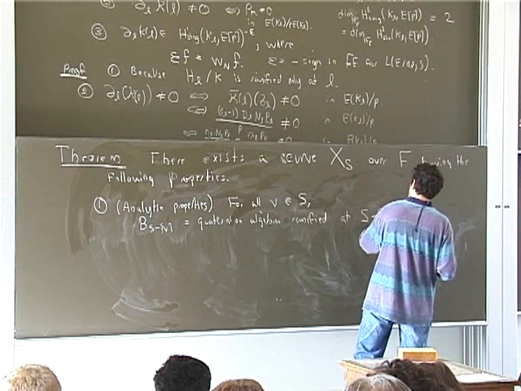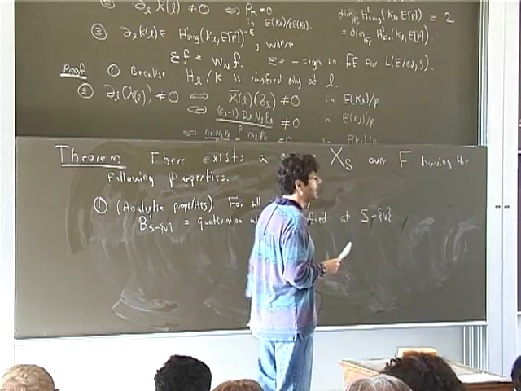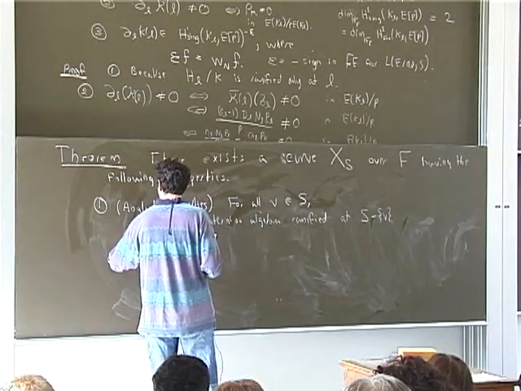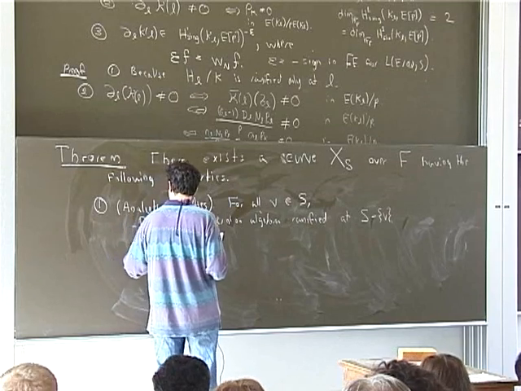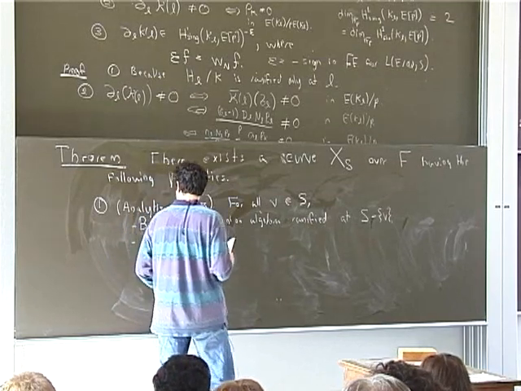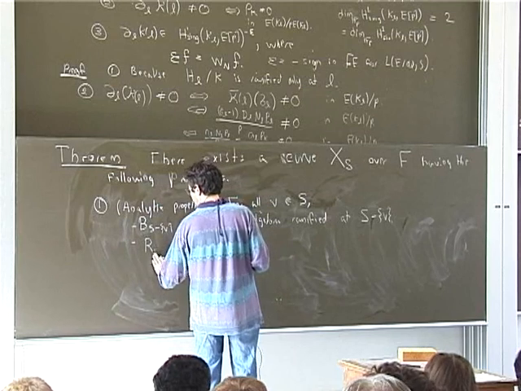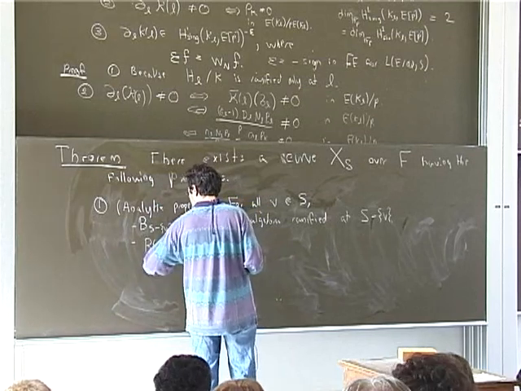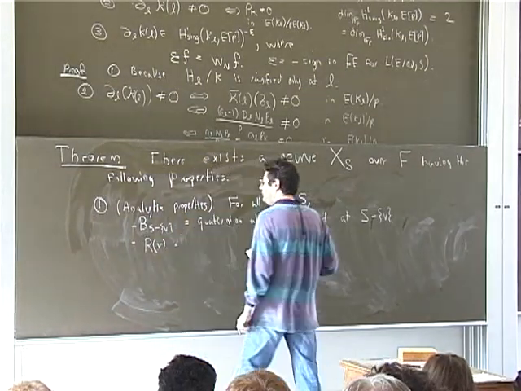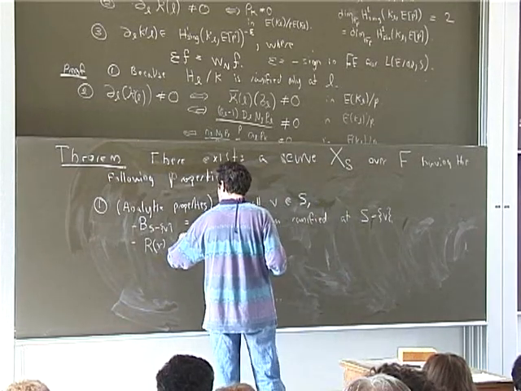So this is now a set of places of even cardinality, so I have a quaternion algebra. I'm going to denote by R of v maybe. I don't want to make you think it's a local thing. It's a global object.